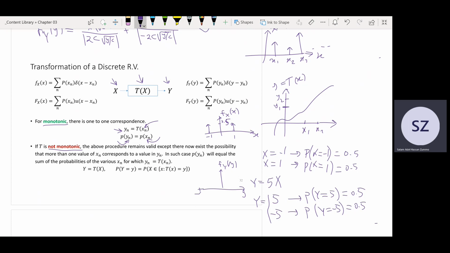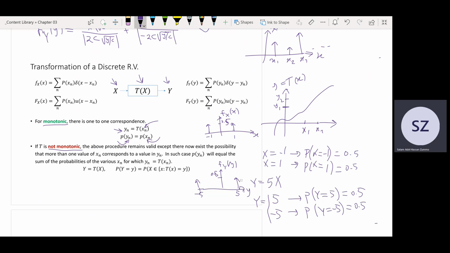So one delta at minus 5, another at 5. Clear? So although they look the same, it's not the same function. It's a different function. This PDF is clearly at minus 5 and 5, and this one is at minus 1 and 1, although they have the same quality.